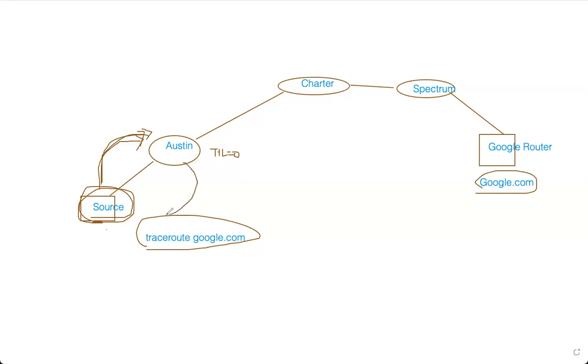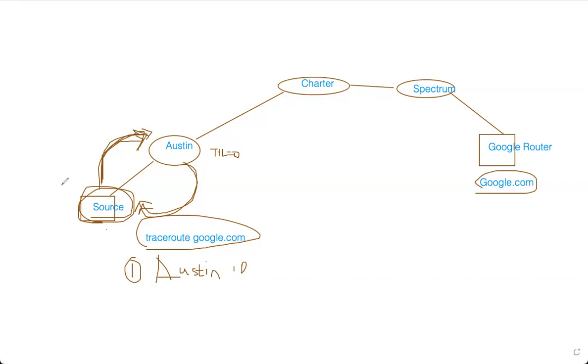Now the Austin router responds back saying, okay, here is my IP. So I will see my first hop as the Austin IP. Now this indicates that I can reach Austin. There is no problem between me and Austin.